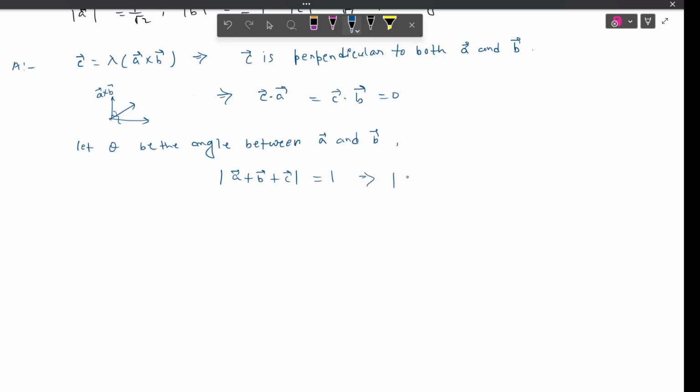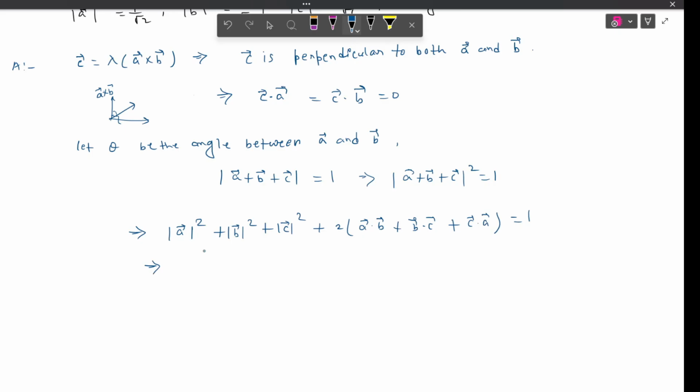So squaring both sides, we get A plus B plus C square, that is 1. So what is A plus B plus C square? That is A square, that is A dot A, plus B square plus C square plus twice A dot B, B dot C and C dot A. This is 1.